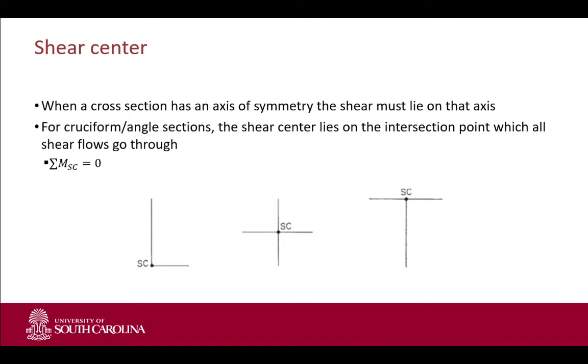An easy way to find it is by looking at the geometry of your cross section and drawing the lines of your shear flows, and finding if there's a common point through which all the shear flows pass. If you can find such a common point, then by definition your shear center lies at that common place.